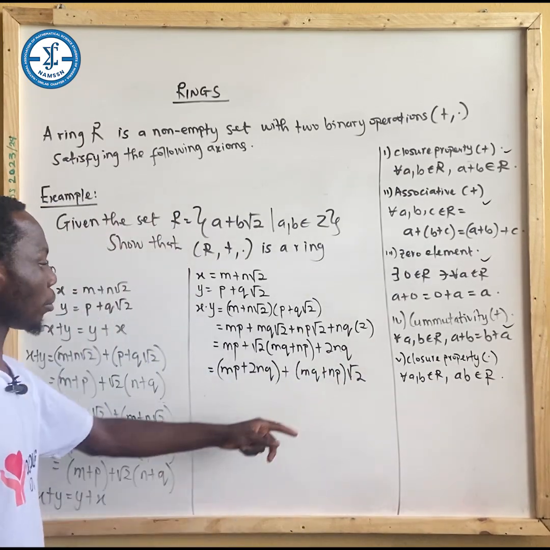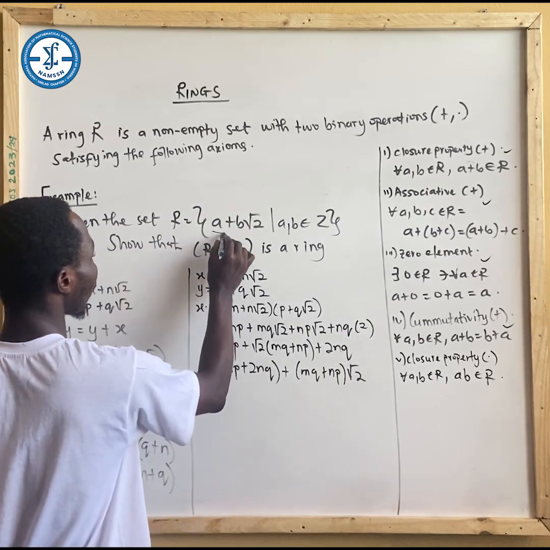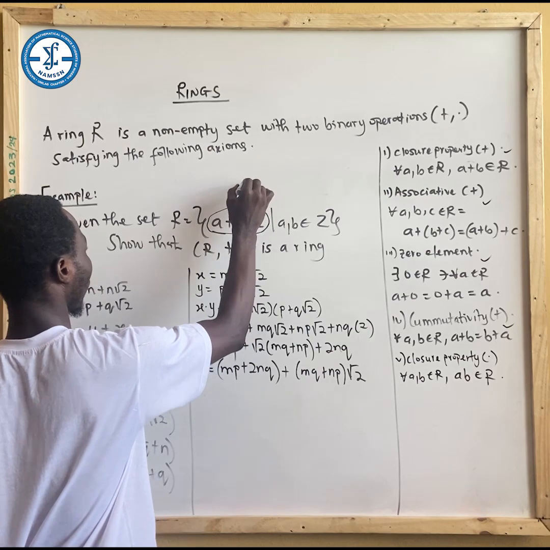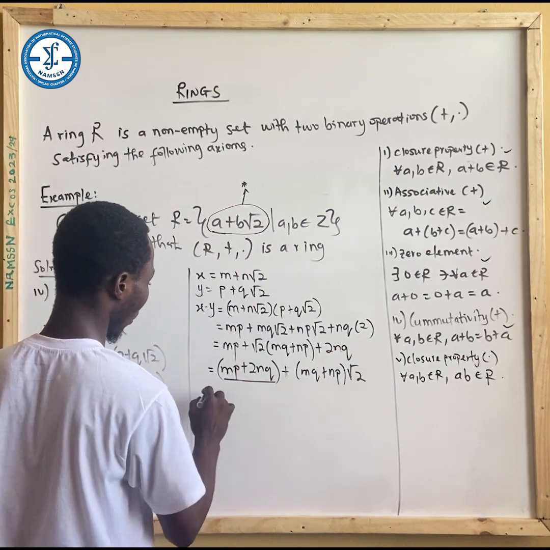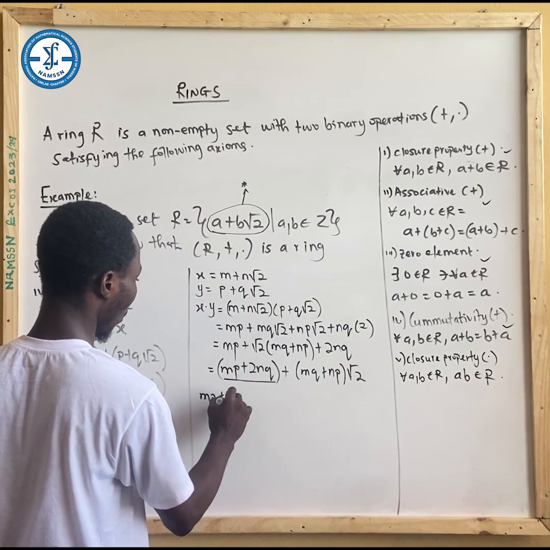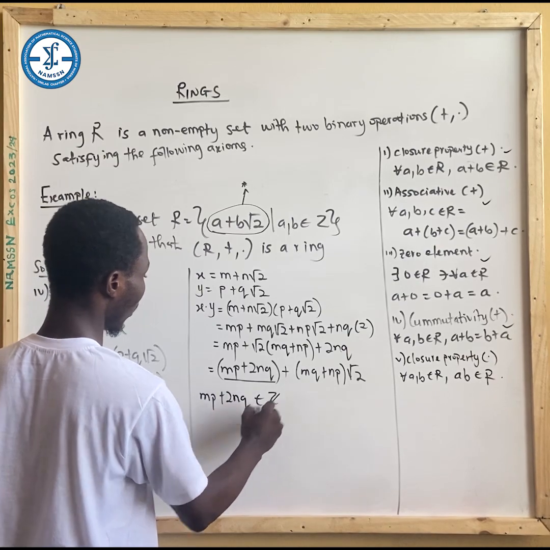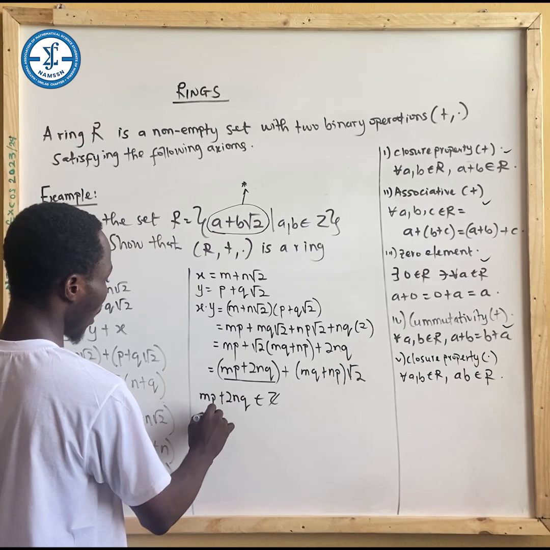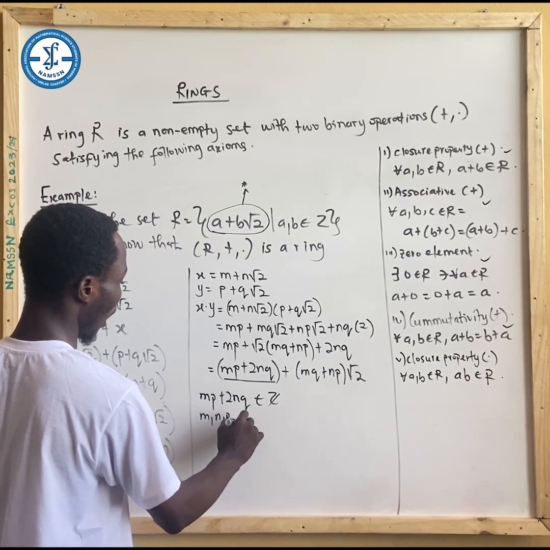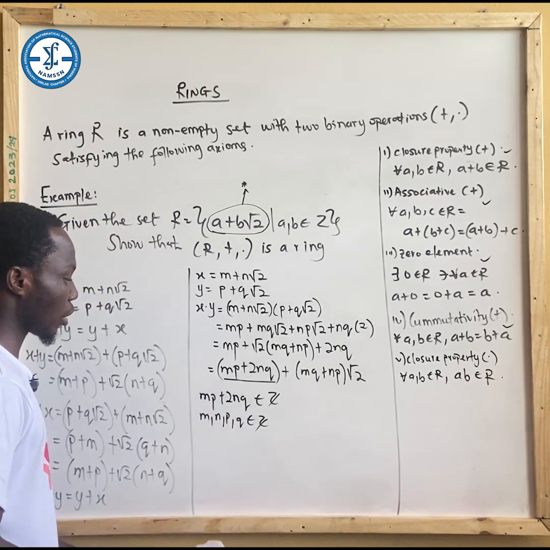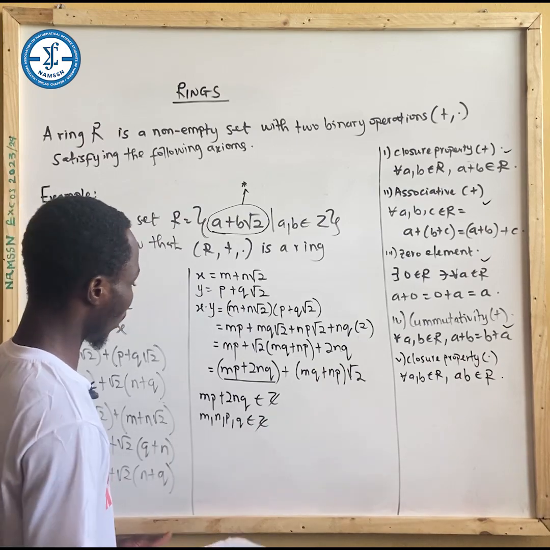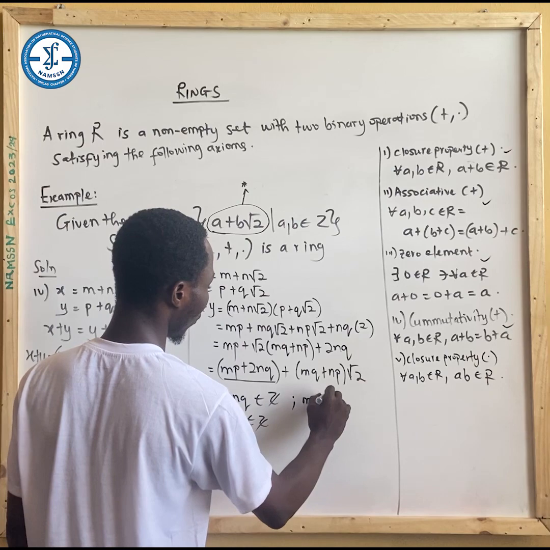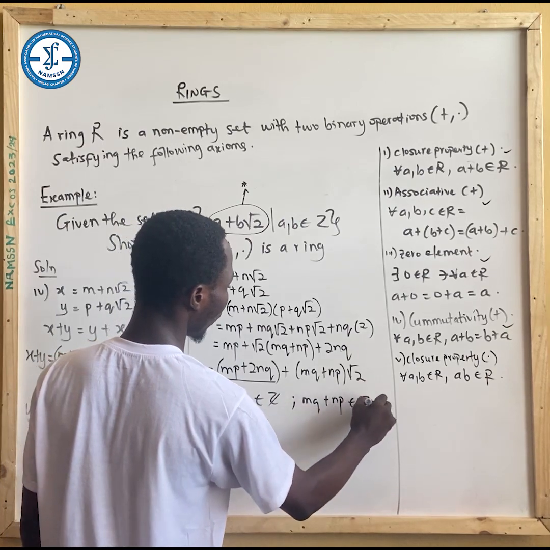Now for whatever you are proving, it must always be in this form. Now if you add this, mp plus 2nq will give us an integer, because we've defined from the beginning that m, n, p, and q are what? Integers. So addition of integers will also give an integer. Also this here, mq plus np will also give an what?